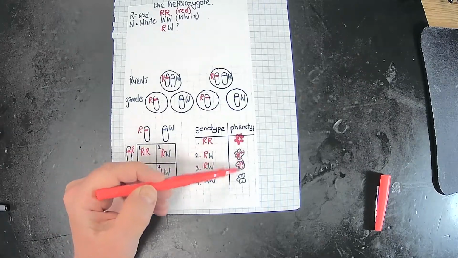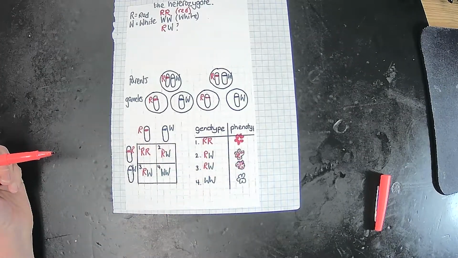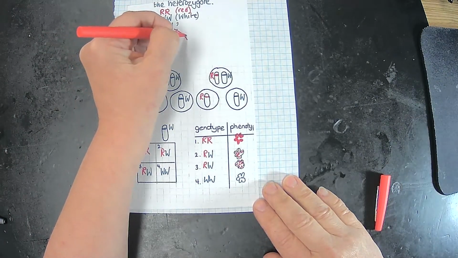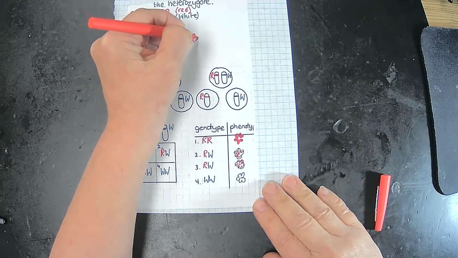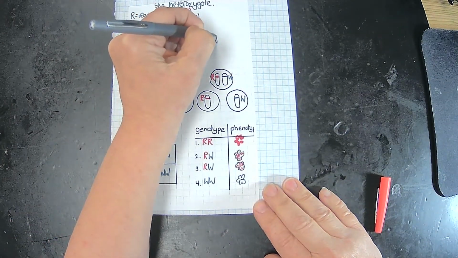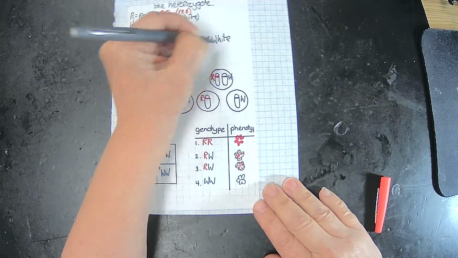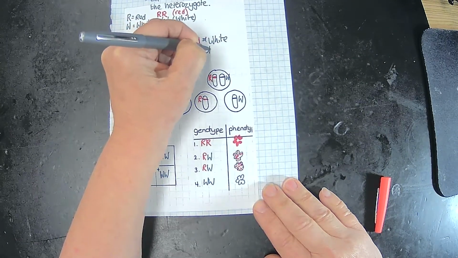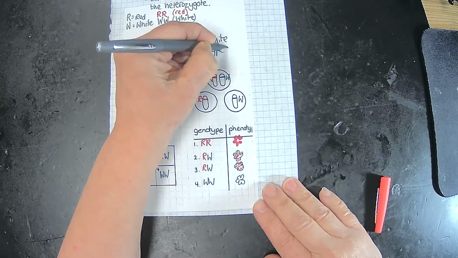So the phenotype for these two is going to be red and white. So R and W, this is going to be red and white phenotypes. Phenotype, remember, is what the genotype looks like.